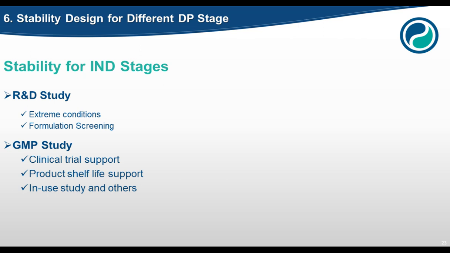And for phase 2 and phase 3, we can apply the same concept, use the extreme condition. We can also include long-term conditions for R&D samples. And if we do the stability study for the GMP demo batches or for clinical trial materials for phase 1, we suggest to set up samples at accelerated condition and long-term condition.